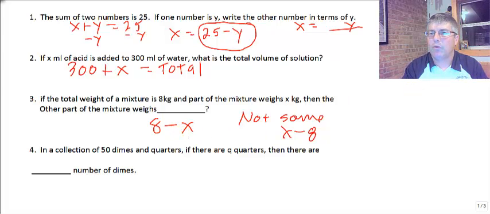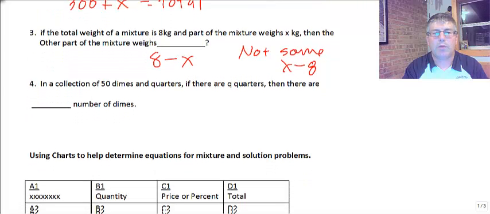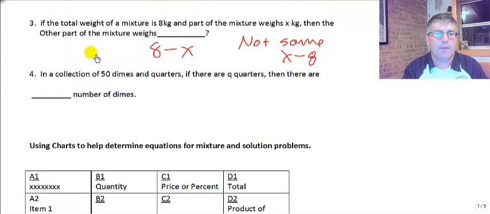And this concept is so important that we have 3 problems that deal with it. In a collection of 50 dimes and quarters, there are q quarters, then there are how many dimes? Well, we have a total in our collection of 50. Some of them are quarters, the rest are dimes.